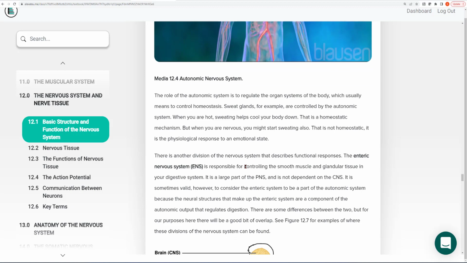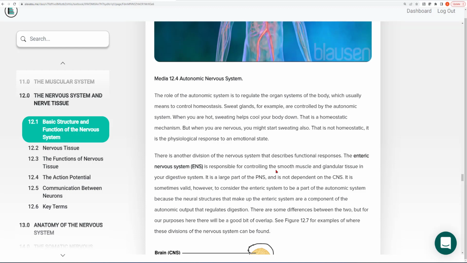Now, there's another part of the nervous system that is just honestly beginning to be understood. It's really a specialized component of the autonomic nervous system, and it is called the ENS, the enteric nervous system. You may recognize enteric, meaning gut, right? Sort of your intestines.